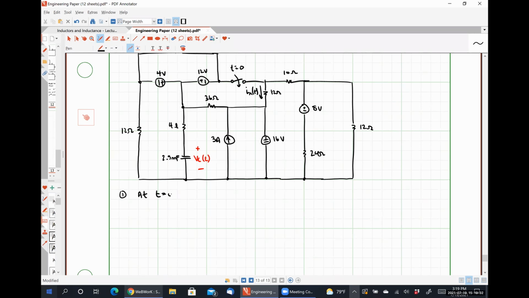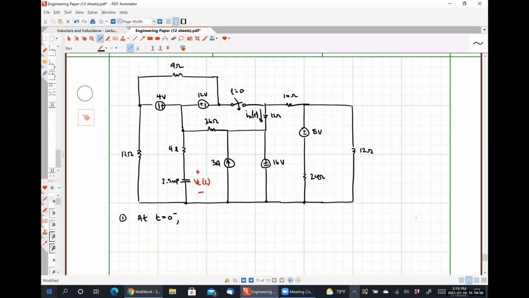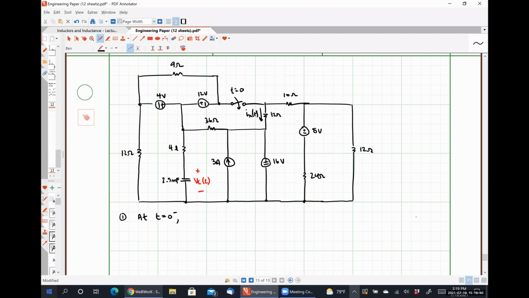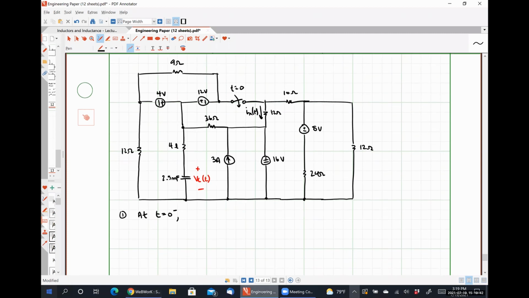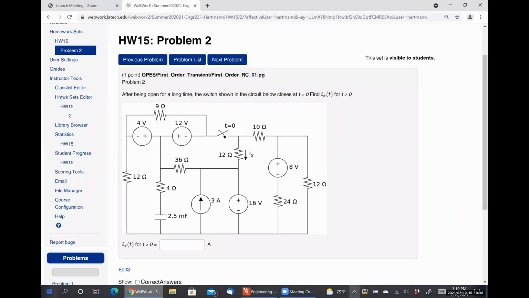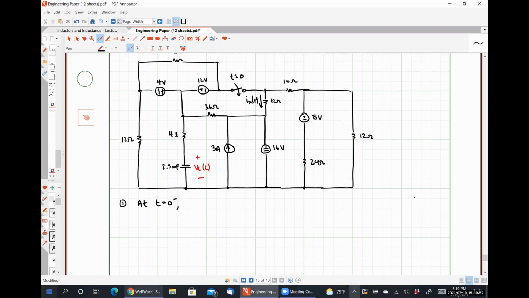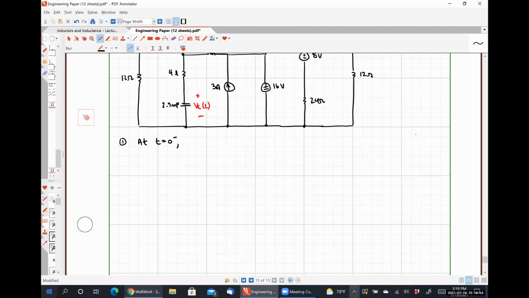So at t equals 0 minus, our switch is open. Let me make sure I drew everything correctly here. Yeah, I did. Okay. So at t equals 0 minus, our switch is open, so I have to redraw this ginormous ugly thing again.